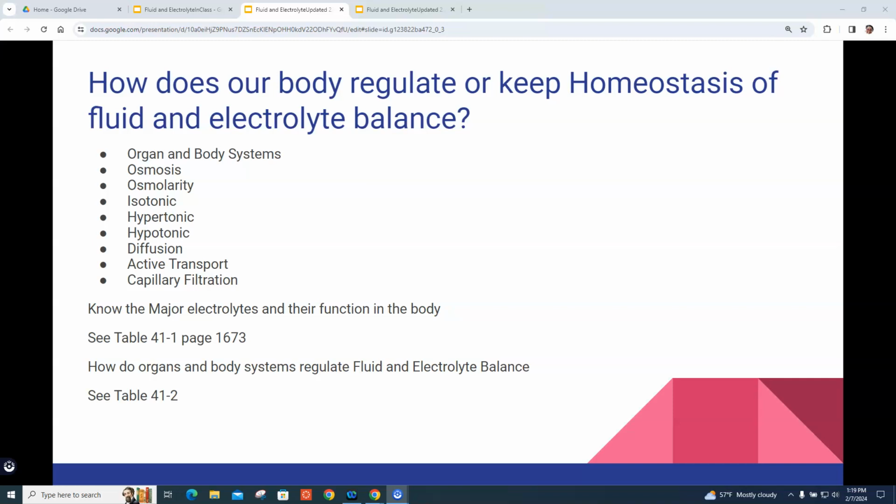So take a look at this table. You're going to want to know how the organs and body systems help maintain that homeostasis in fluid and electrolyte balance.